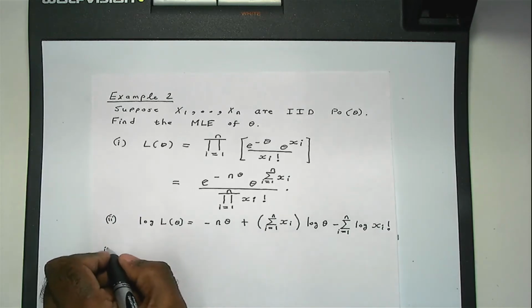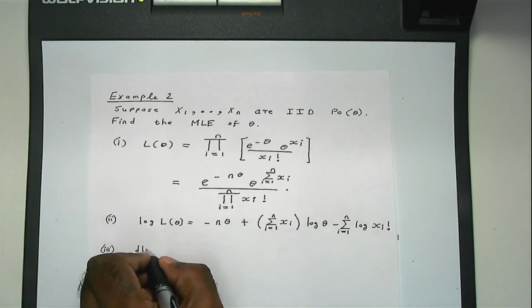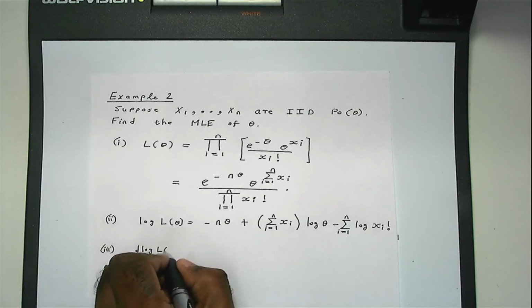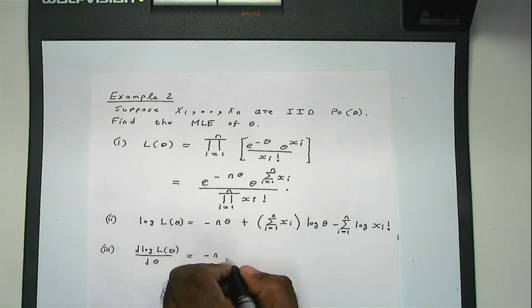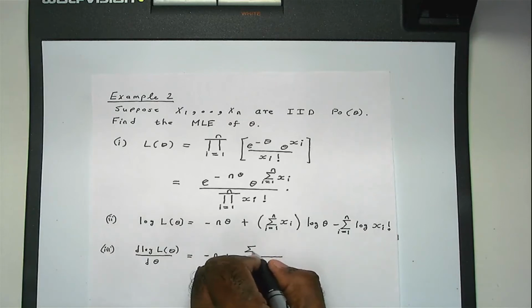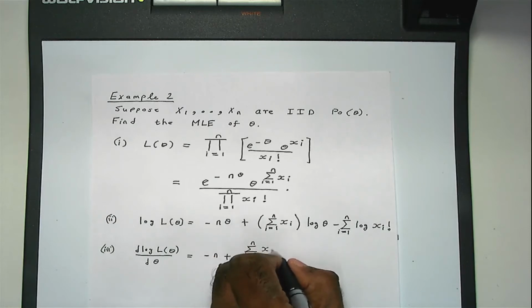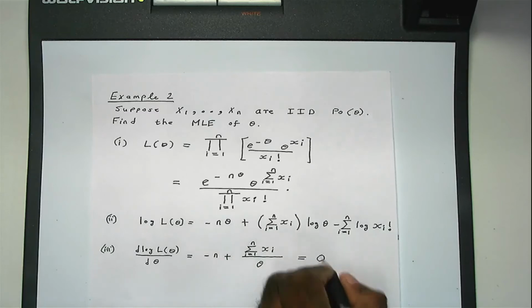And step 3 is to take the derivative with respect to theta. Right, and set this to 0 and solve for theta.